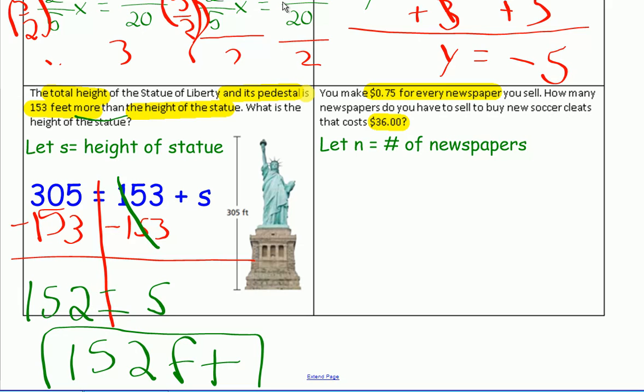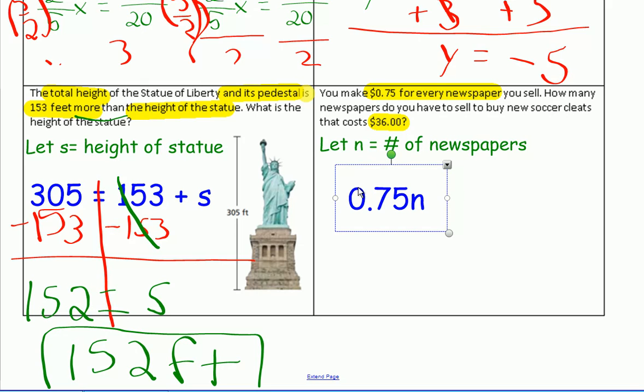Okay, now I'm going to reread my problem again. You make 75 cents for every newspaper. So I noticed that another word for every could be each. Each newspaper makes me 75 cents. So I get 75 cents times each newspaper I sell.